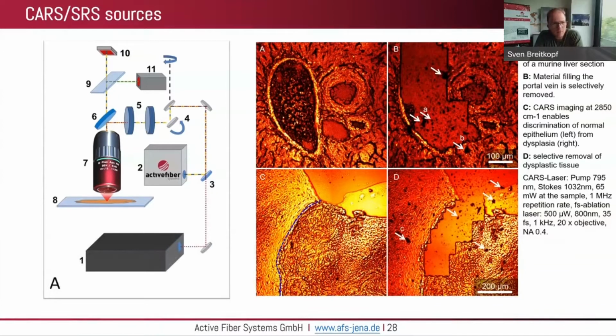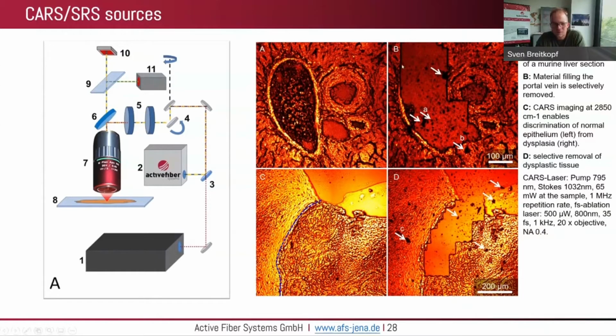Yes, we also have a couple of research projects going on with these sorts of systems. For example, in this project, we are trying to not only have the imaging done in a compact system and microscope, but also the removal of this tissue. So you can take a look at it. And for example, here you can see this part. Apparently, I cannot tell, I'm no expert, but the experts can tell that this must be removed. So this is bad, apparently.